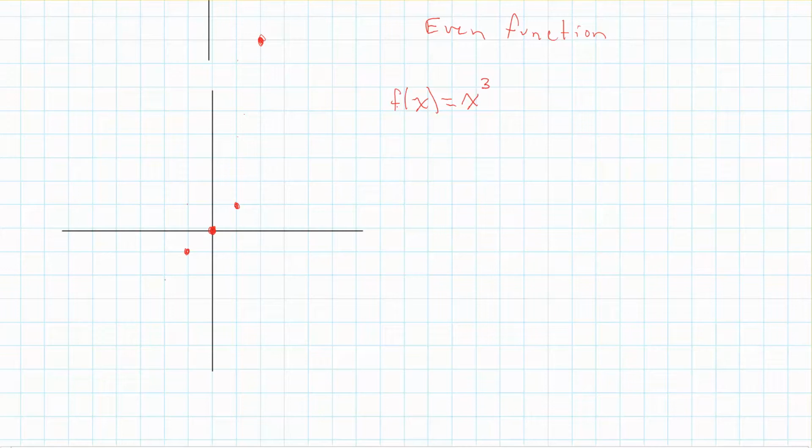And then 2, 3, 4, 5, 6, 7, 8, all the way down here. And then, whoops, that's not going through the points very well. And the graph for x cubed would look something like that.